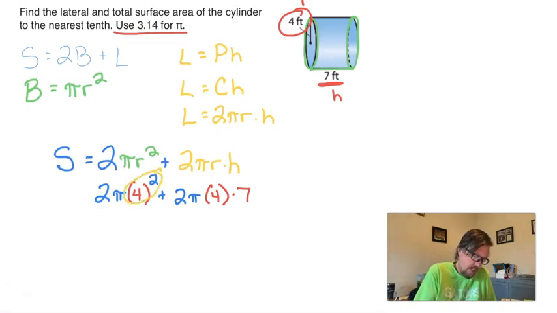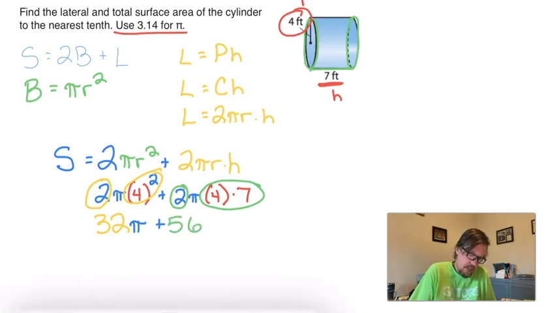So 4 squared is 16, and 16 times 2 is 32. So 32 pi plus, and then 4 times 7 is 28, and 28 times 2 is 56, so plus 56 pi.